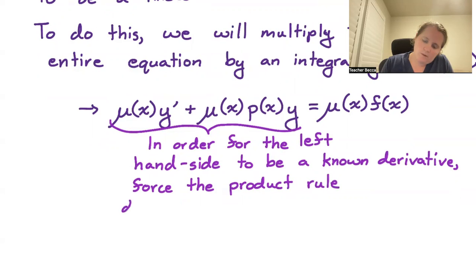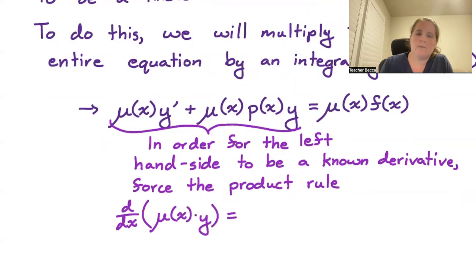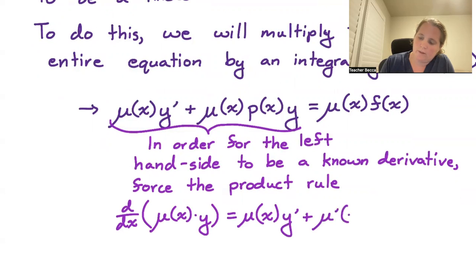So the derivative of mu of x times y would be equal to mu of x times y prime plus mu prime of x times y.